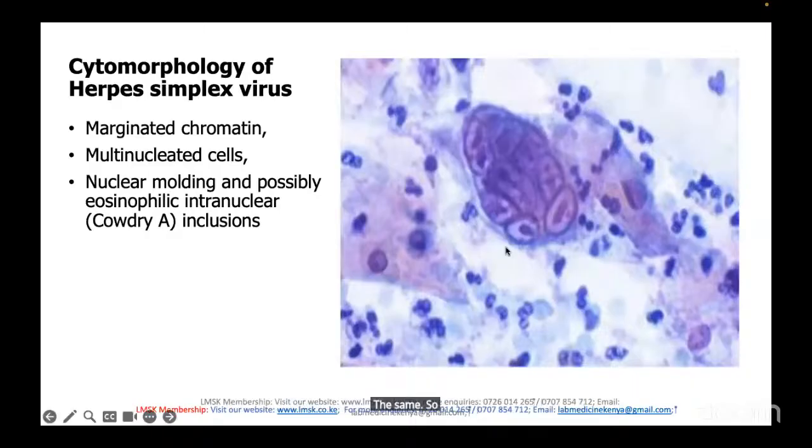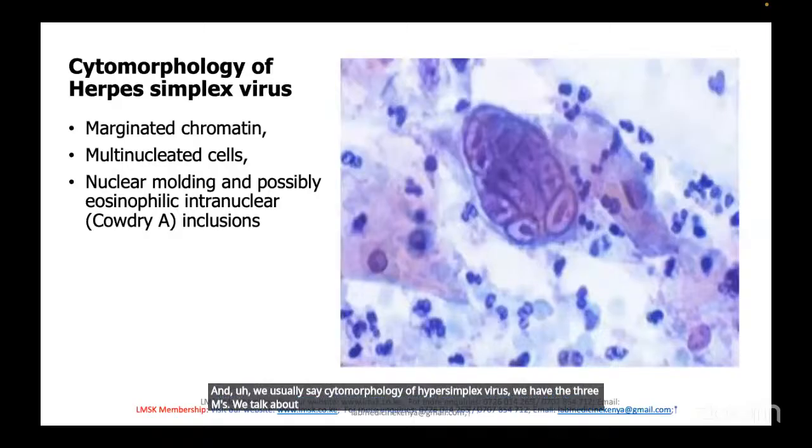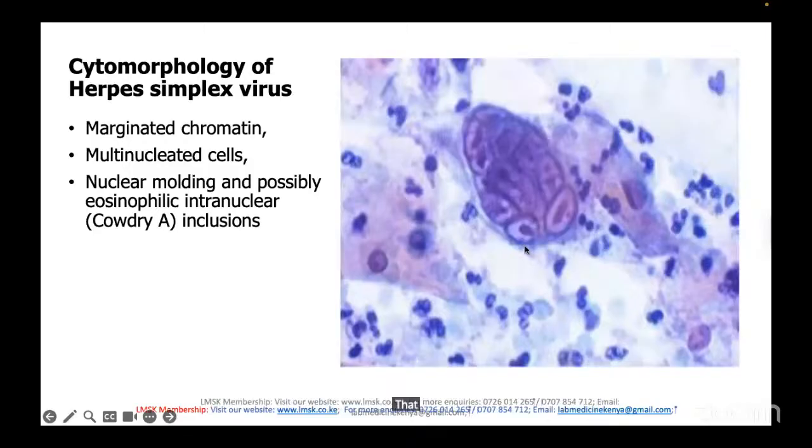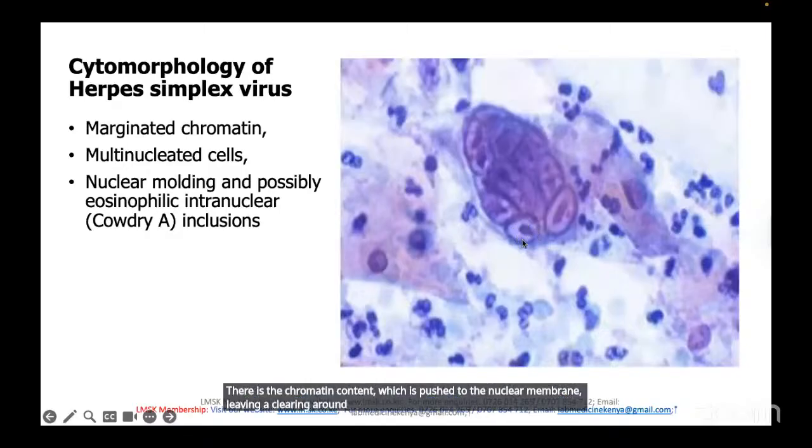So you will have to be careful to know what it means. And we usually say cytomorphology of herpes simplex virus, we have the 3 M's. We talk about marginated chromatin, and I've mentioned that margination of chromatin is that the chromatin content is pushed to the nuclear membrane, leaving a clearing around this region.